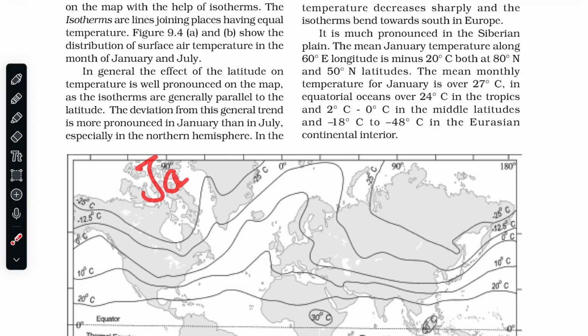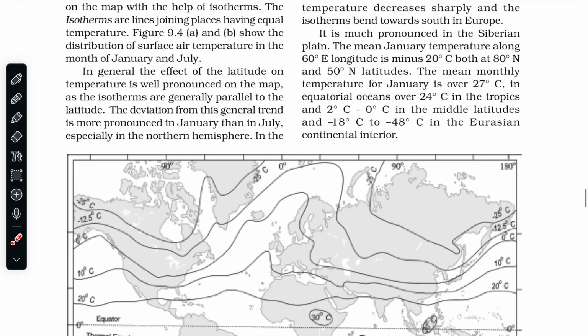So in January, over the continents, the isotherms shift towards the south, whereas over the oceans they shift northwards.